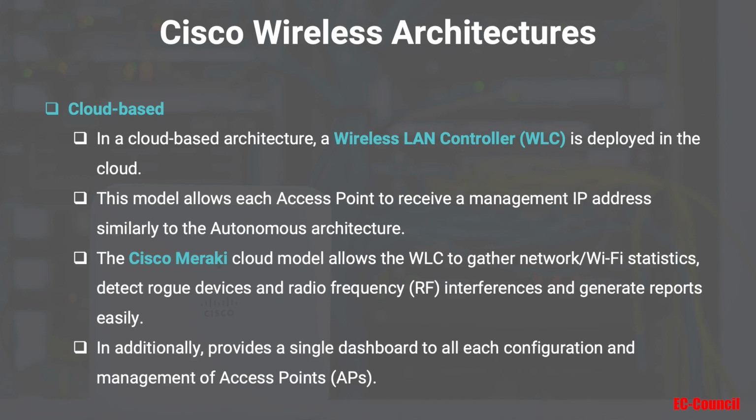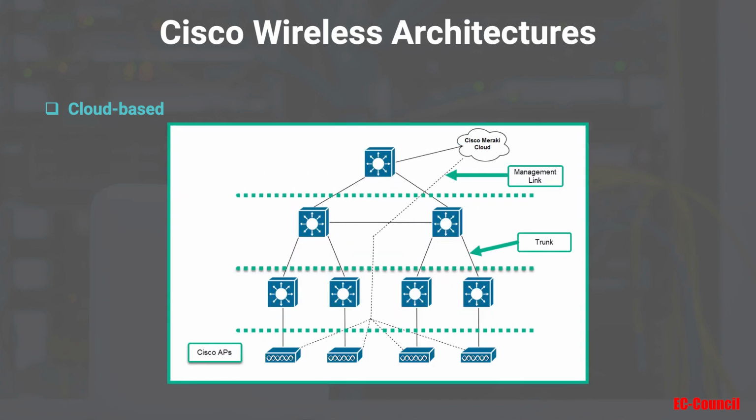In addition, the cloud-based architecture or deployment provides a single dashboard to allow you to configure all of your APs simultaneously. So let's look at this deployment. Let's imagine we have a wireless LAN controller in the cloud as shown here.